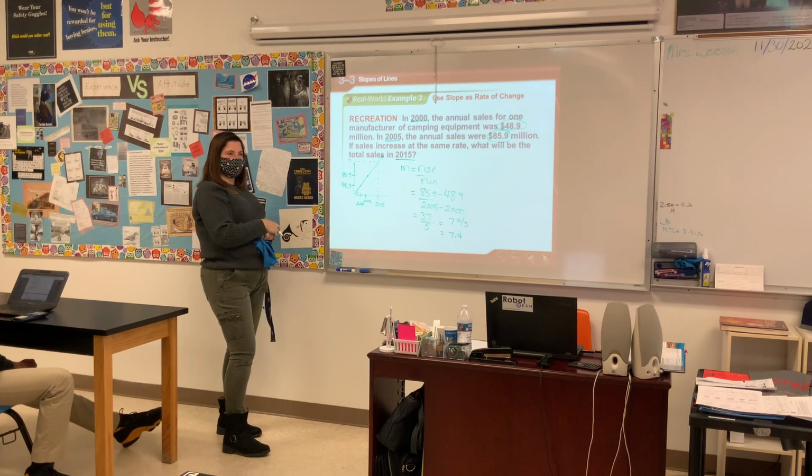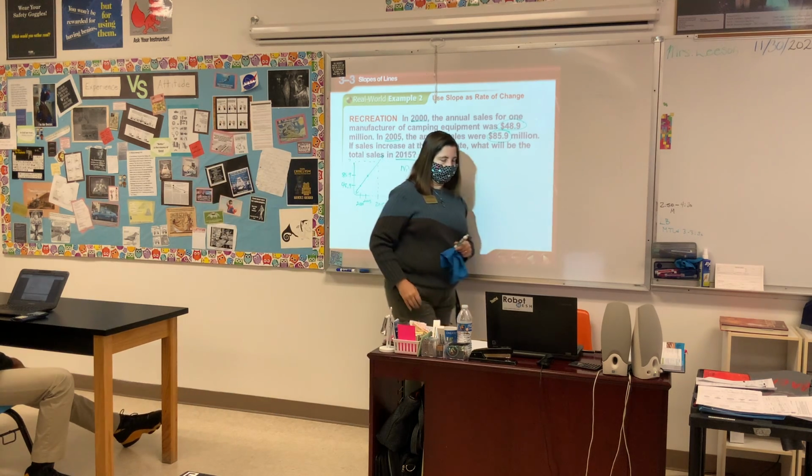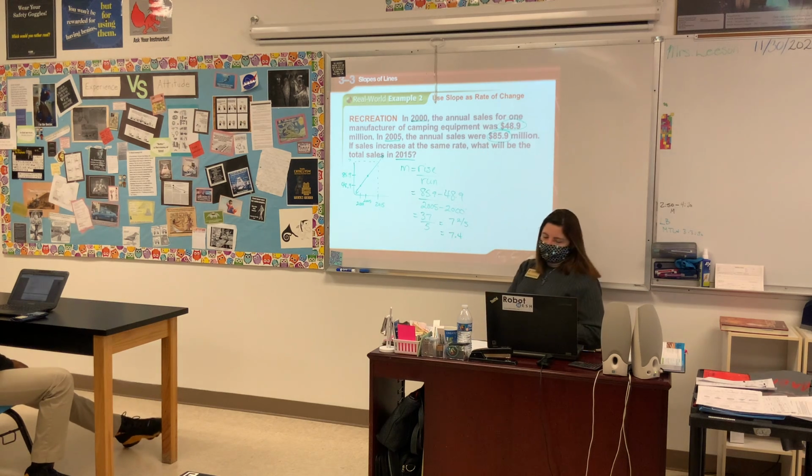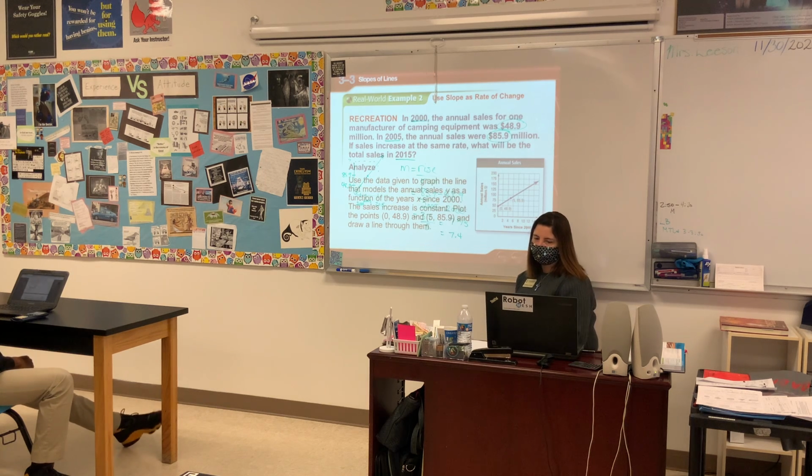Now, what do I do with that information? Well, let's see what they do. First off, they gave themselves a little graph. They did a graph very similar to ours, and drew that line through them.